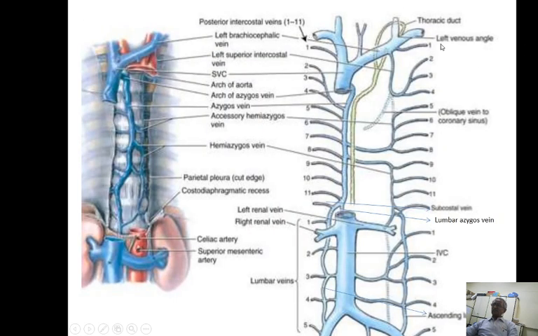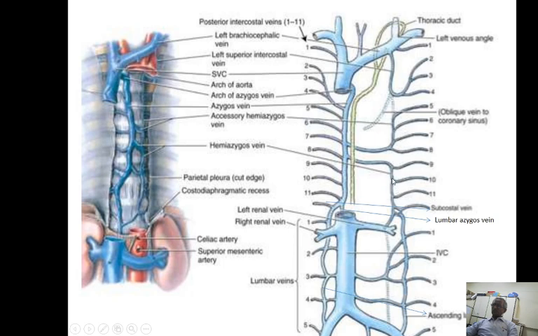The left superior intercostal vein is formed of the second, third and fourth posterior intercostal veins. Then the fifth, sixth, seventh, or sometimes eighth posterior intercostal veins join this accessory hemiazygos vein, and they go horizontally to join the azygos vein.